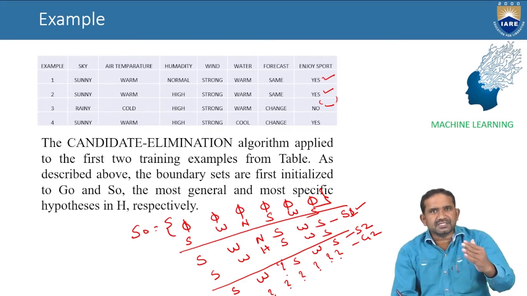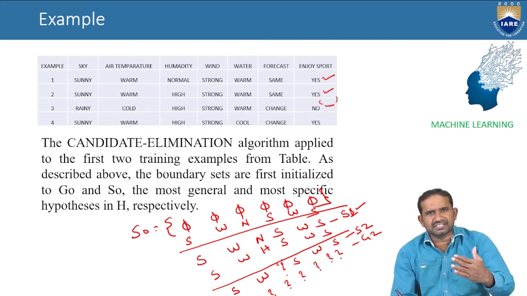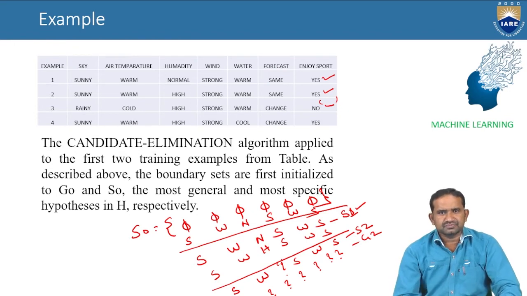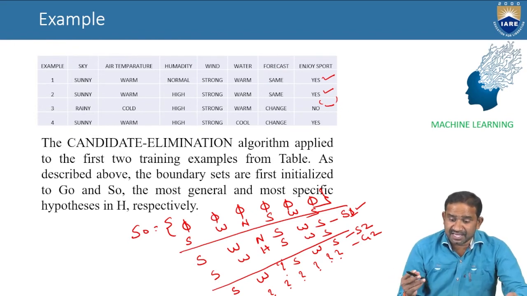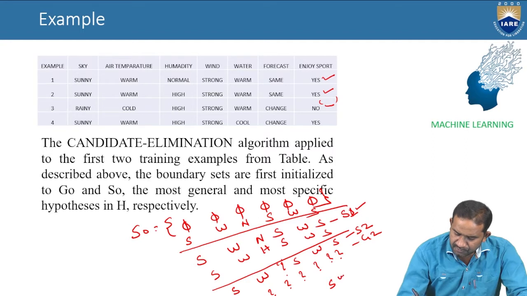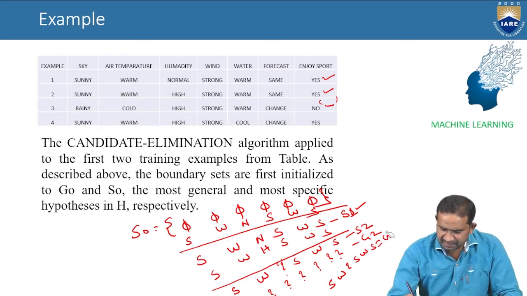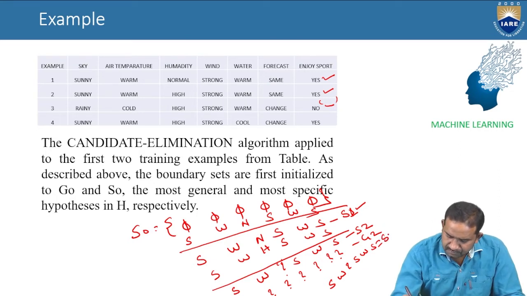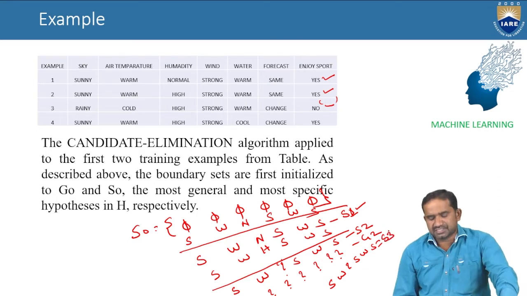Whenever the training example is negative, we move from the generalization. Here S3 is nothing but S, W, question mark, S, W, S. It becomes S3, right? That is about S3.